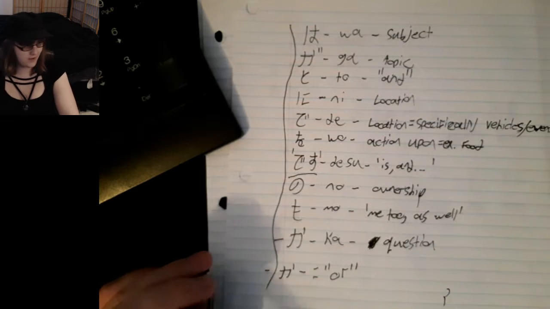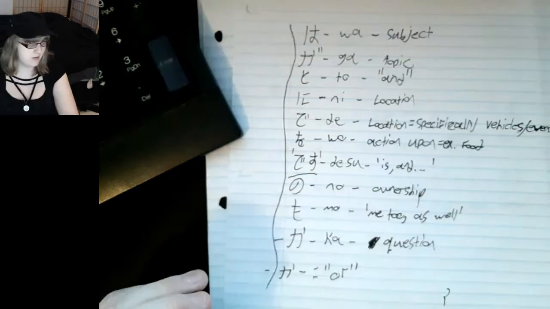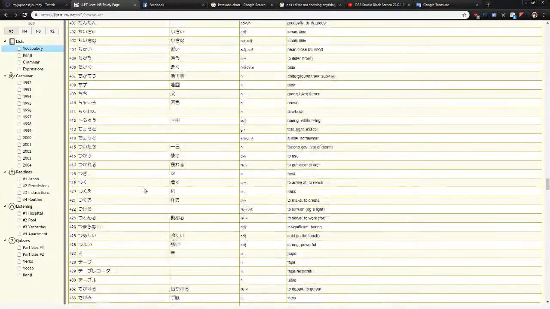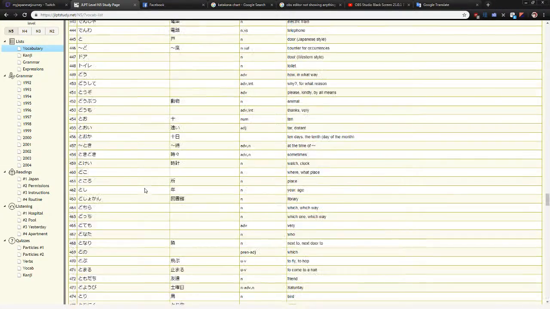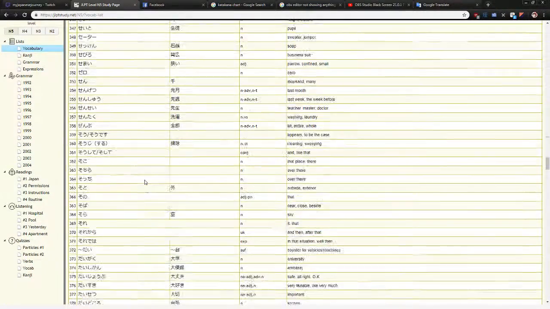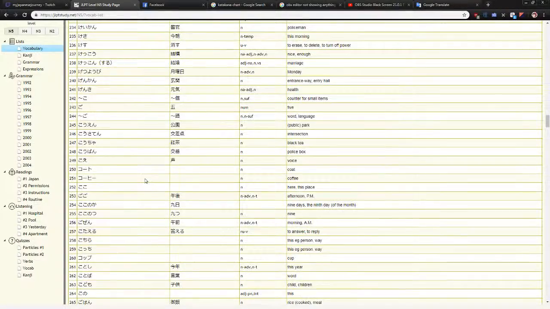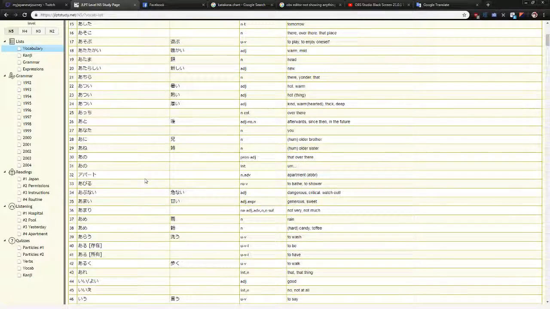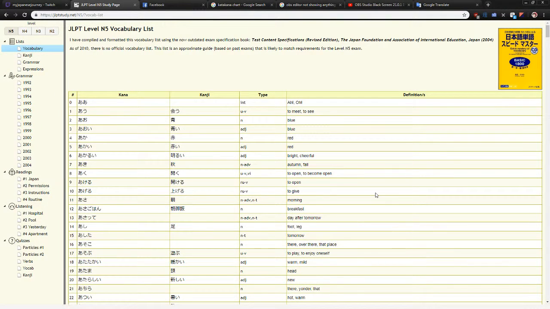Take a look at that study page for N5 Japanese, because this is such a useful resource, because this is the end goal. This shows you everything. It also gives you some readings, gives you some listenings, gives you some quizzes. This is good. I cannot stress how much it's helped me.